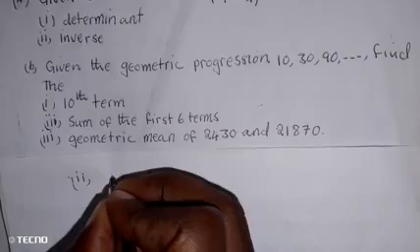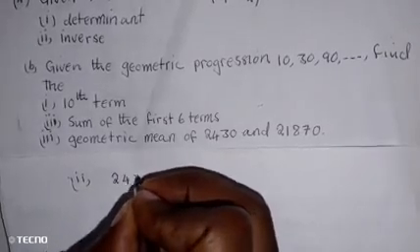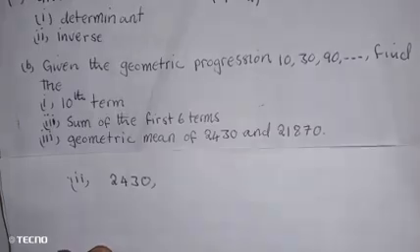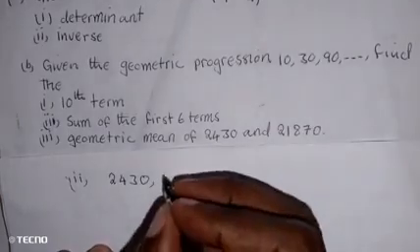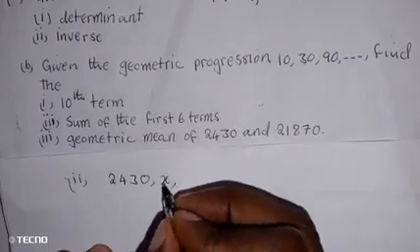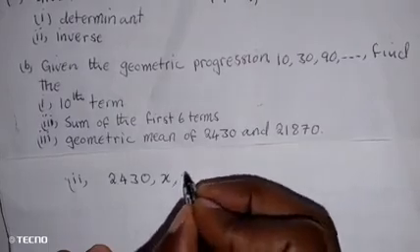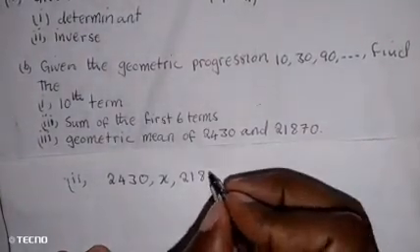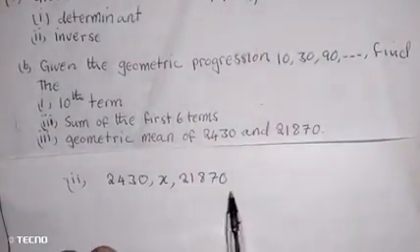So here we have 2430, comma. Since we are looking for a number in the middle, we can say it's x, the one representing the mean, comma, 21870. Okay, so this is the figure.